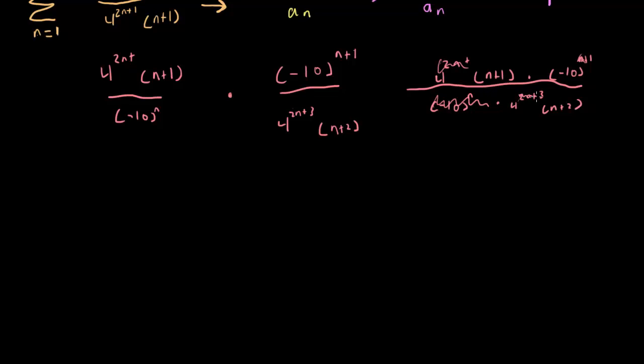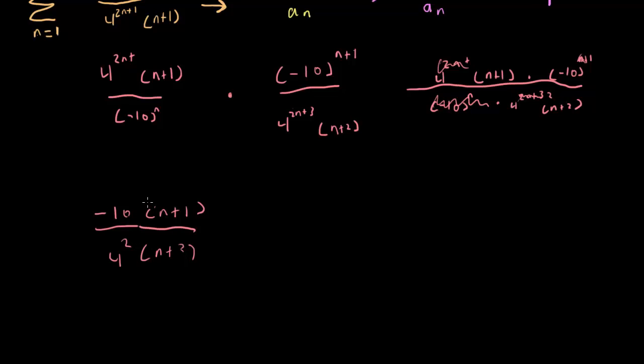leaving simply 4 squared. Now we take what we have left and bring it down here to determine the final answer. So we have negative 10 times n plus 1 divided by 4 squared times n plus 2. Now, with our definition of limits and knowledge from limits, we know that we only need to look at the coefficients when this occurs.